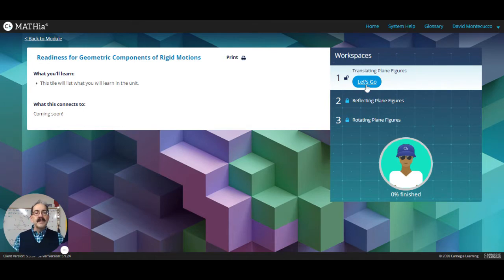All right, translate plane figures. Translate. Then we're going to go to reflect, where we flip, and then we rotate.